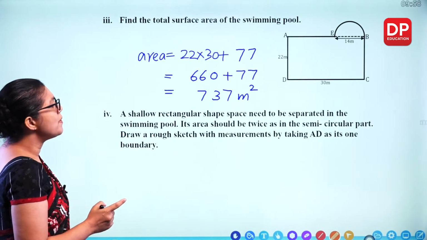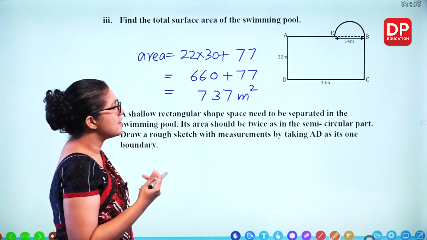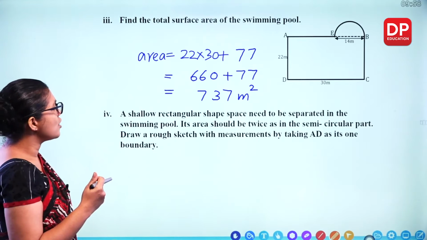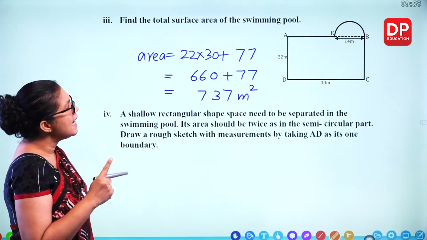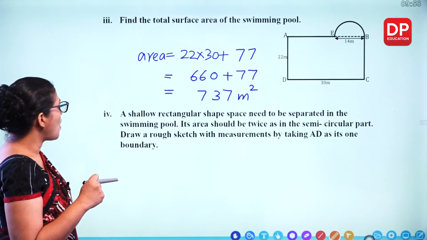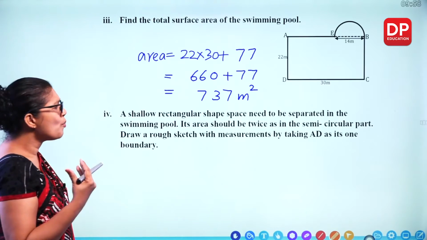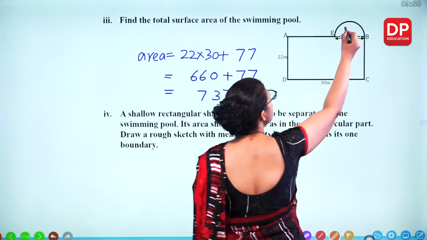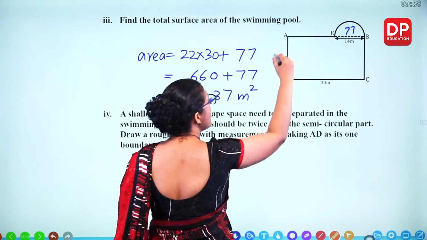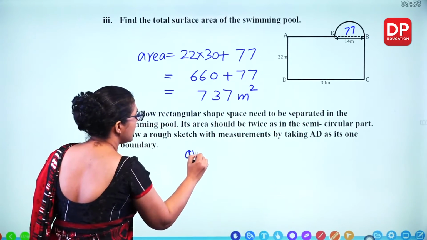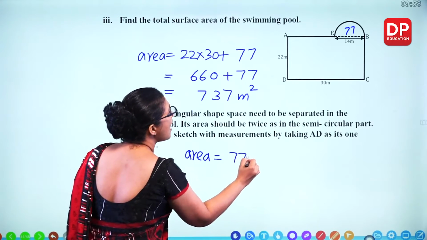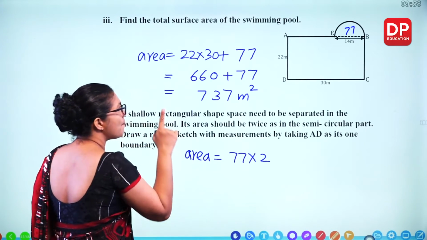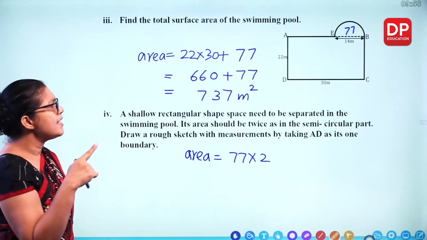A shallow rectangular shape needs to be separated in the swimming pool. Its area should be twice the semicircular part. Draw a rough sketch with measurements by taking AD as its one boundary. So what's the area? Twice this one. So we found this is 77. So the area should be 77 times 2. But we know one boundary is AD.